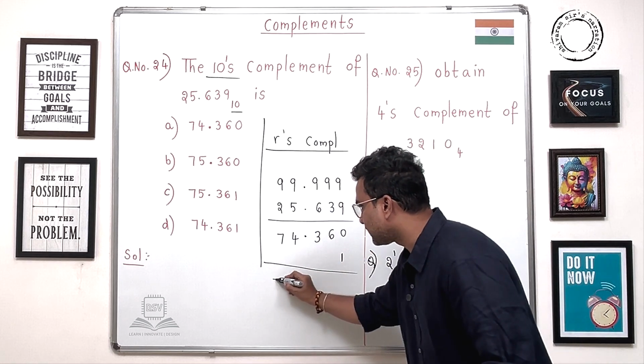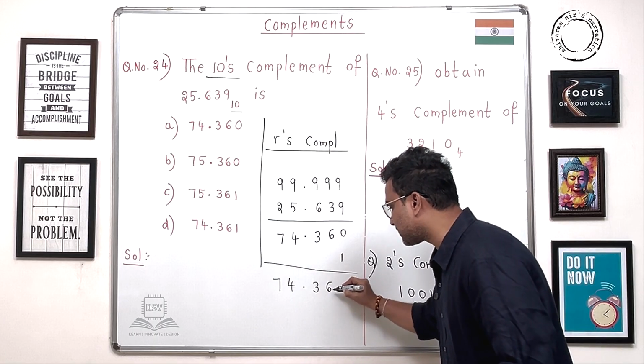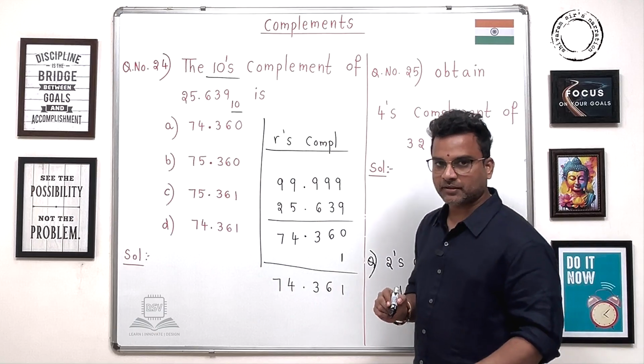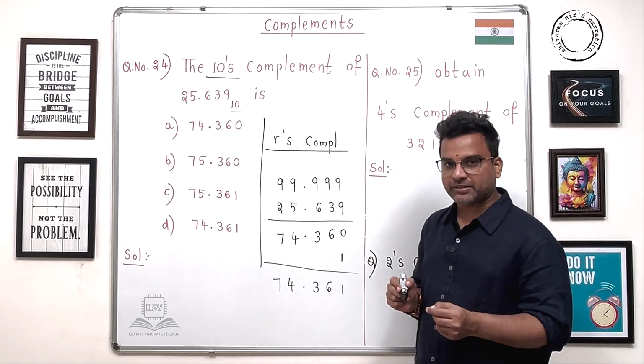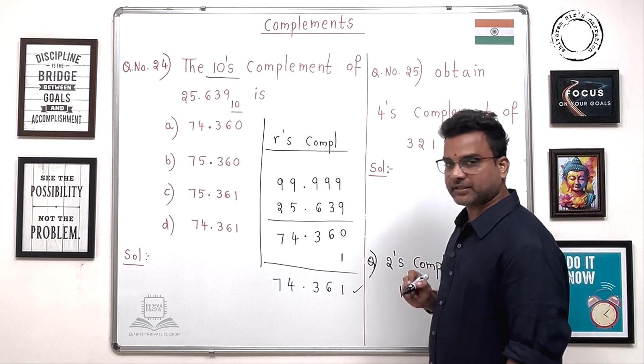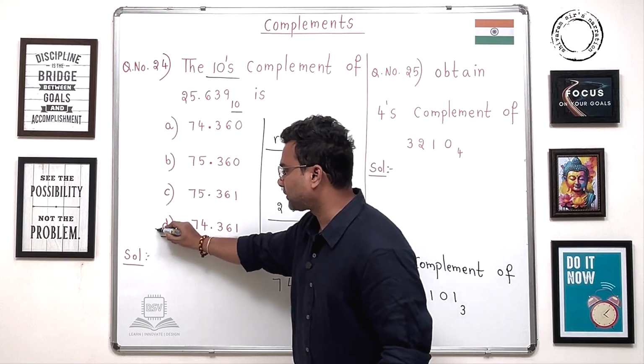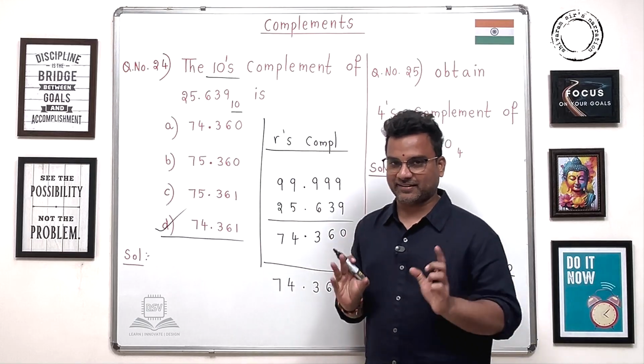Therefore, it is 74.361. Hence, the tens complement of 25.639 base 10 is 74.361. Option D is the right answer.